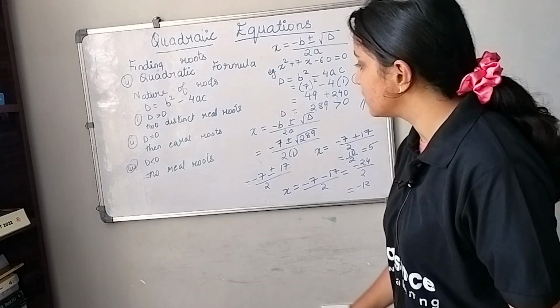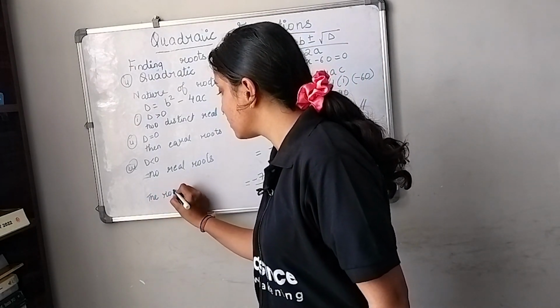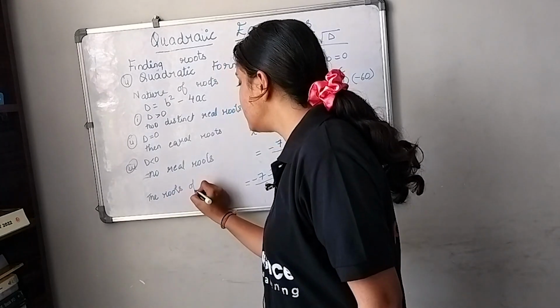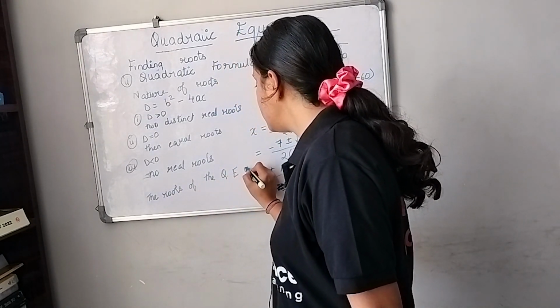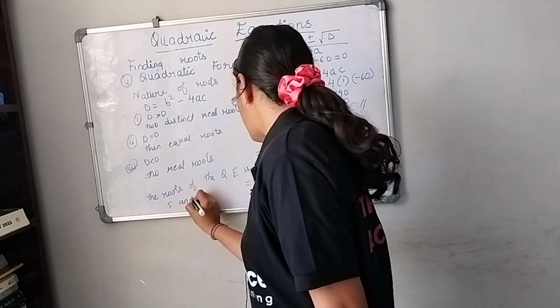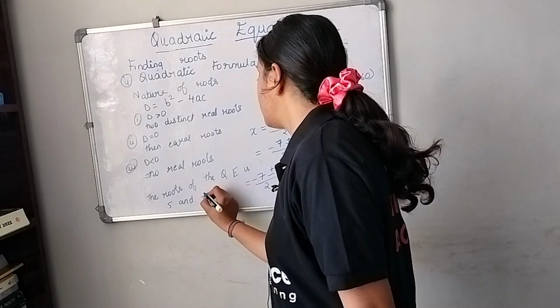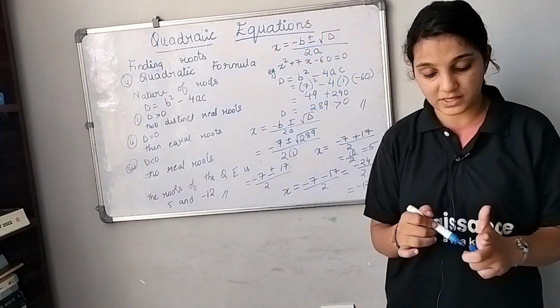So we'll write the roots of the quadratic equation are 5 and minus 12. So here we are done with the two methods that are there for you.